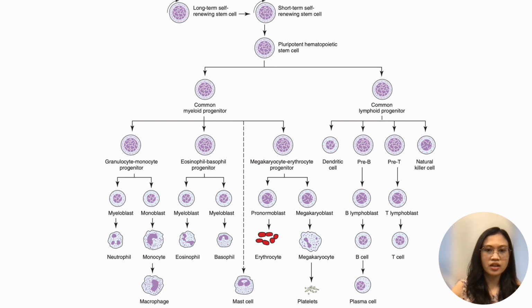You see in this figure the maturation and differentiation of the different progenitors and precursors of monocytes. Just like other white blood cells discussed previously, the monocytes developed from the common myeloid progenitor. The earliest precursor, which is the monoblast, differentiates further to become monocytes in the circulation and ultimately macrophages in the different tissues and organs of the body.